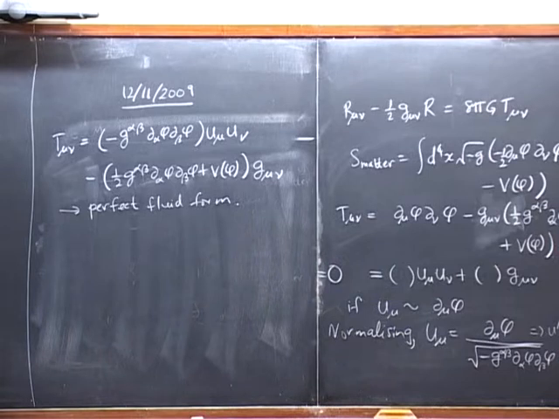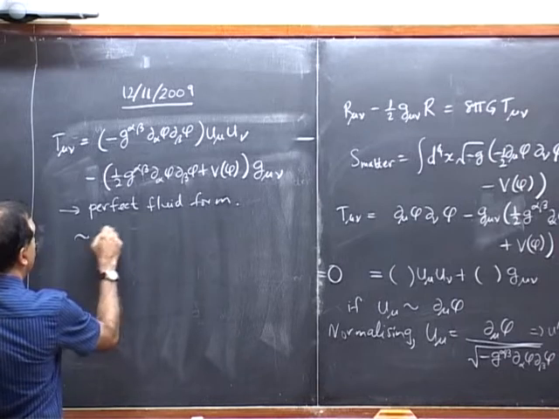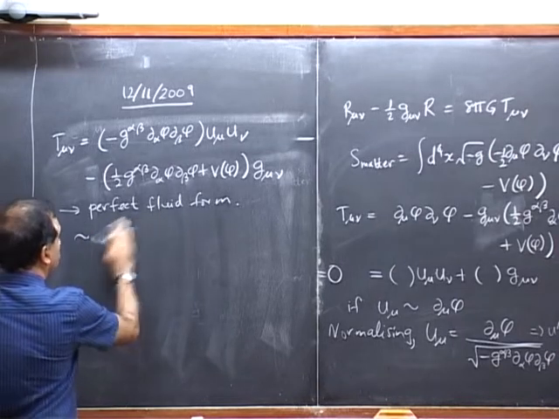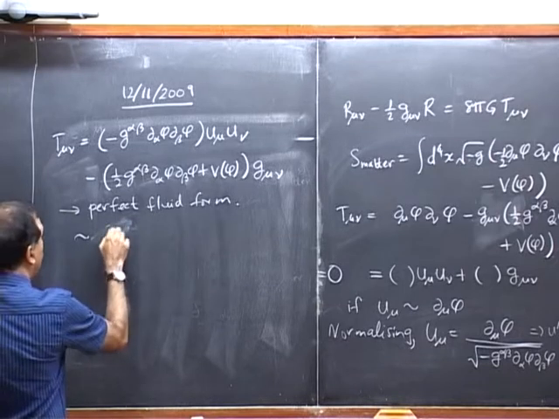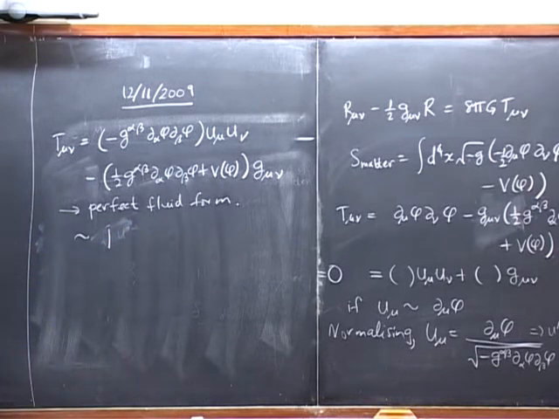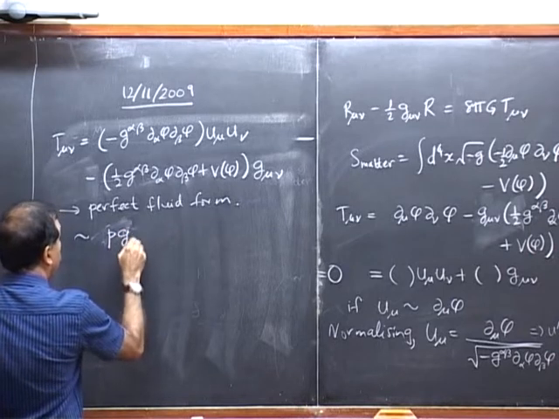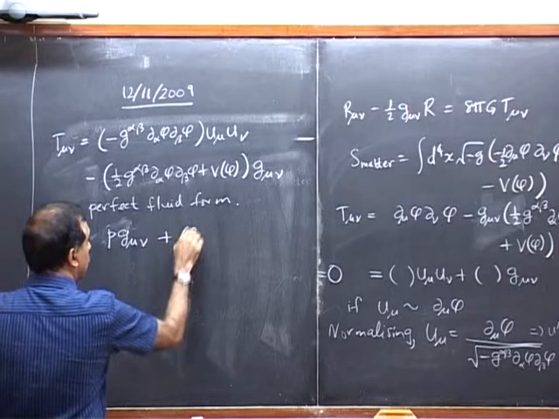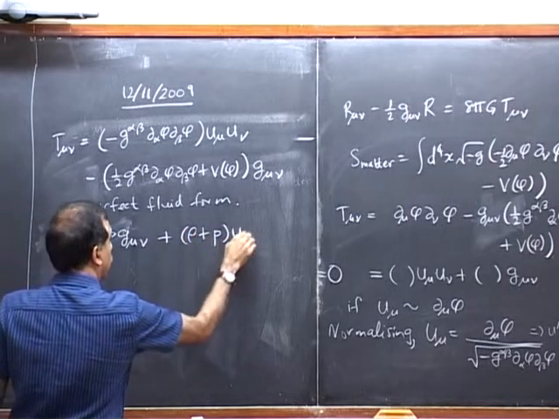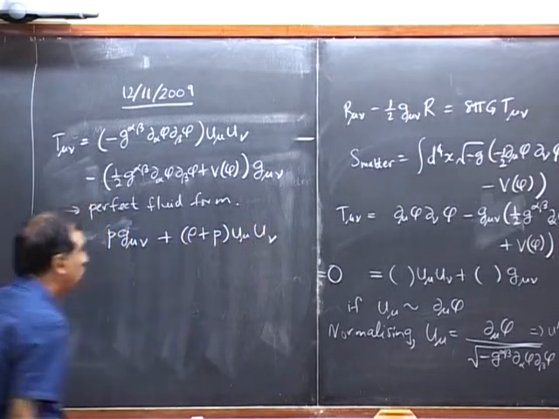But of course we know that in a perfect fluid, the coefficient of u mu u nu should be the same as rho plus P. So T mu nu equals P g mu nu plus rho plus P u mu u nu. This we already argued.